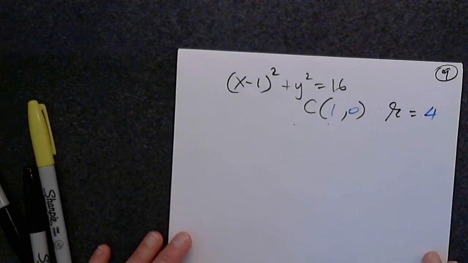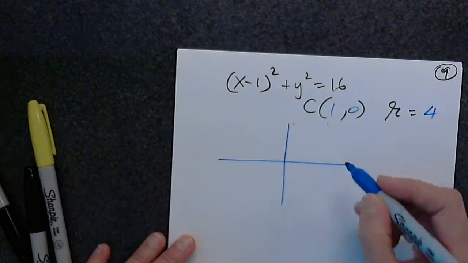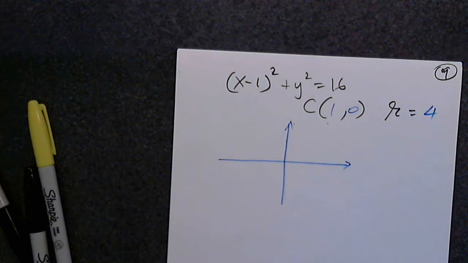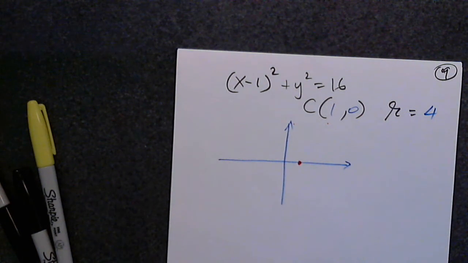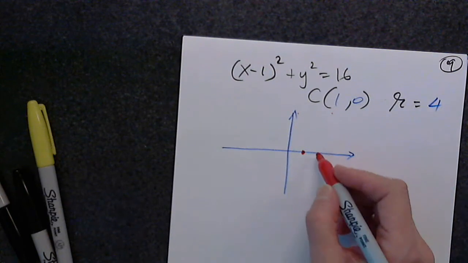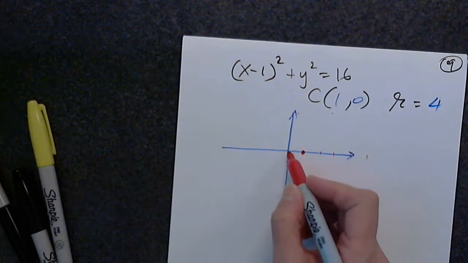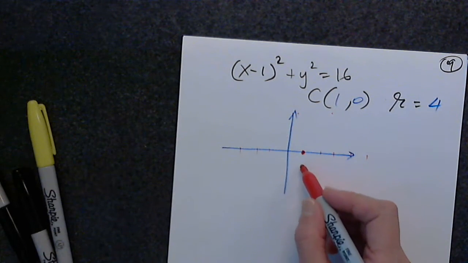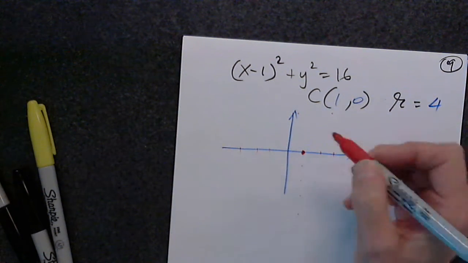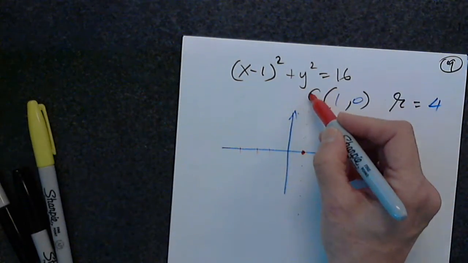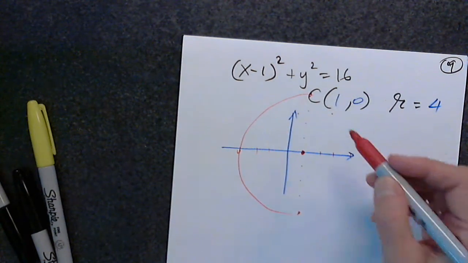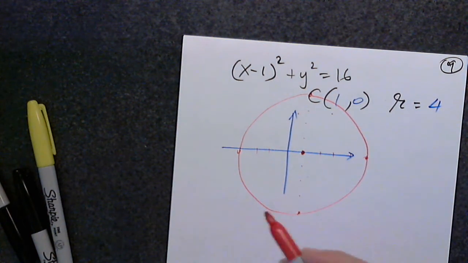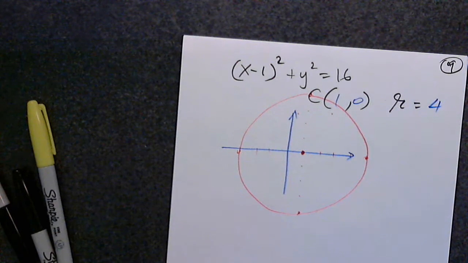So in case we're asked to graph it, we plot the center first, which is 1, 0, and we determine 4 points, east, west, north, south. 1, 2, 3, 4. My graph will be far from being a circle, but a fair attempt. Very good.